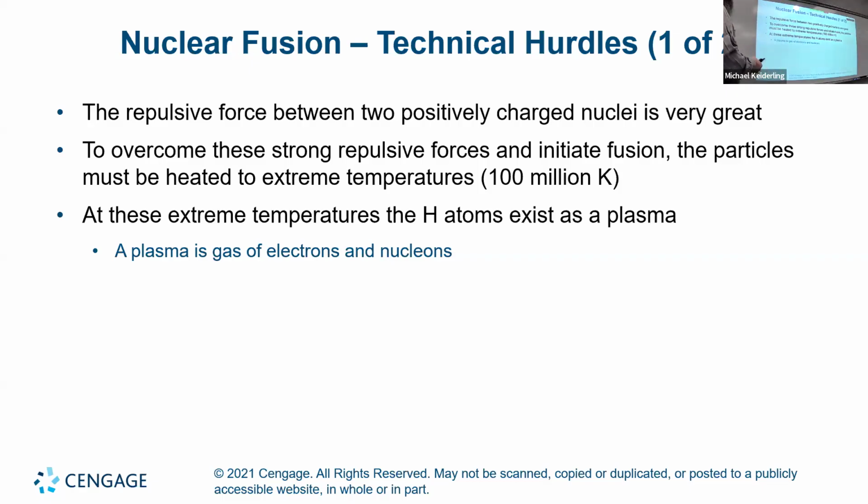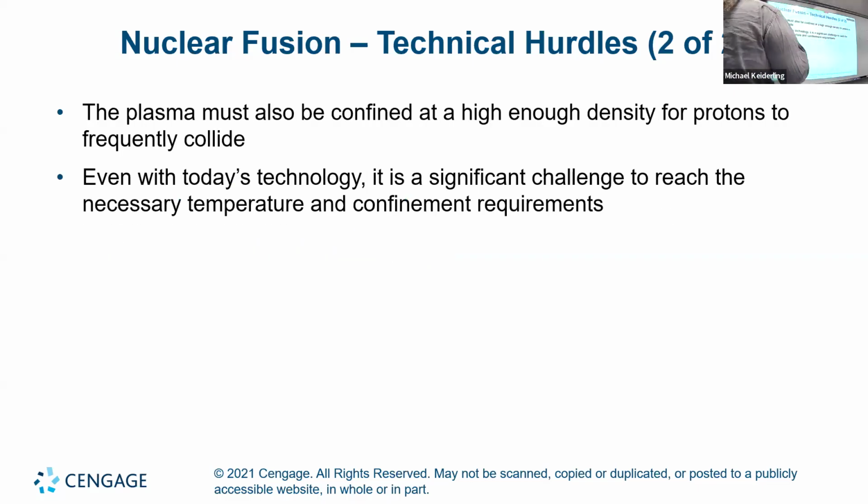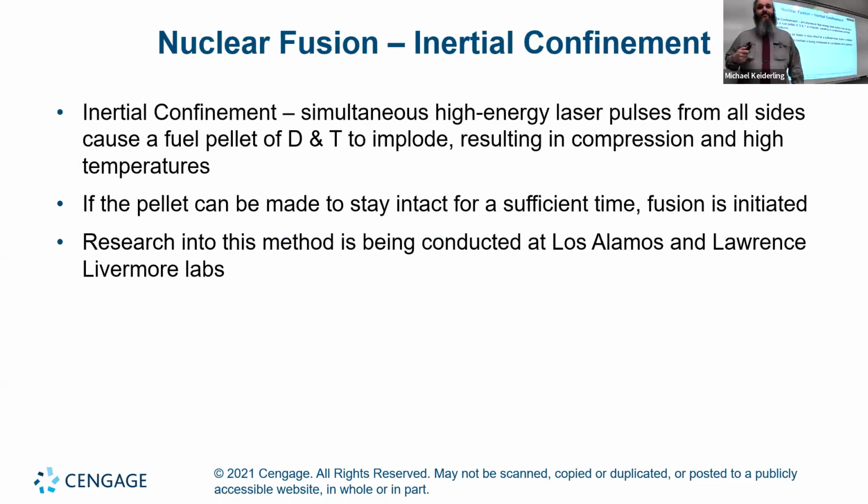It's a plasma, and holding the plasma in place is tricky. The plasma has to be confined at a high enough density. And with today's technology, it's a significant challenge to reduce the necessary temperature and confinement requirements. There's one claimed break even, but there's no actual real break even.